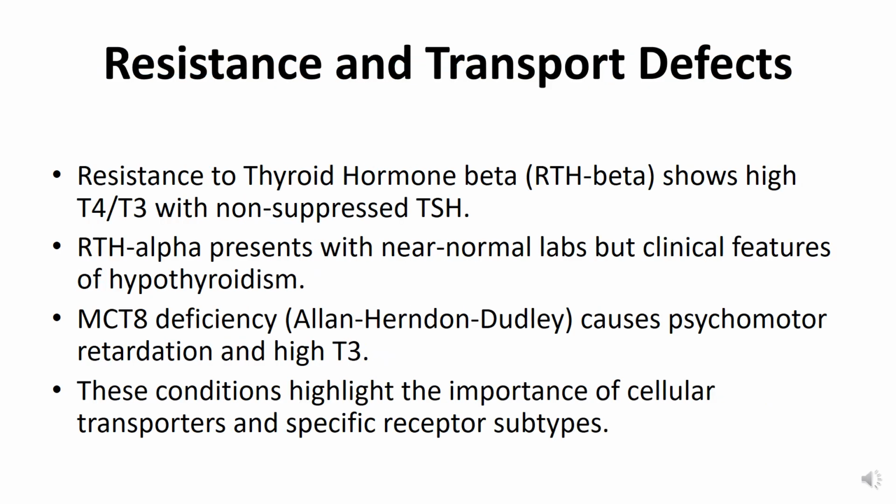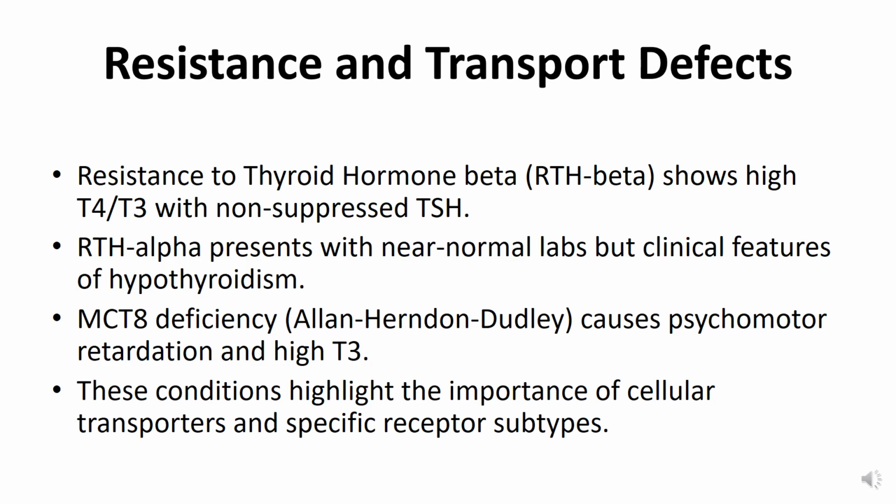Most thyroid disorders involve problems with hormone production, but some rare conditions show that normal thyroid hormone levels alone are not enough. The body must also transport hormones into cells and respond to them correctly at the receptor level. One important example is resistance to thyroid hormone beta, also called RTH-beta.